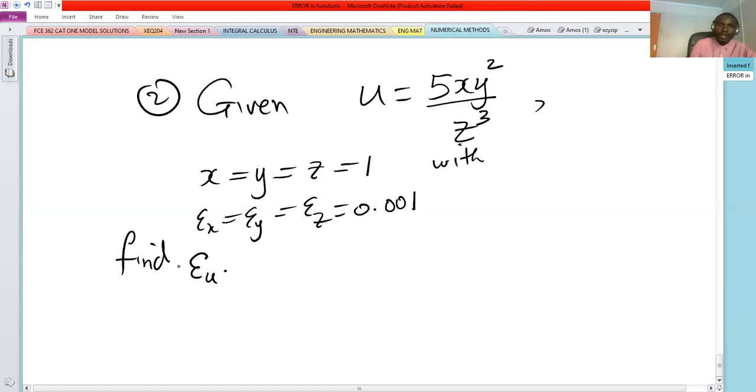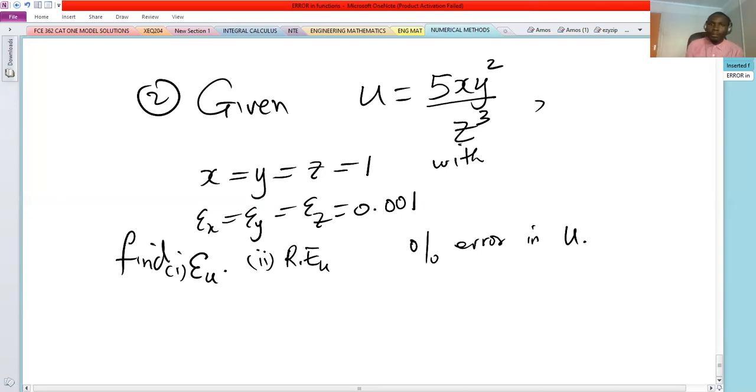And then the relative error in u, and then the percentage error in u. So this is another interesting problem.